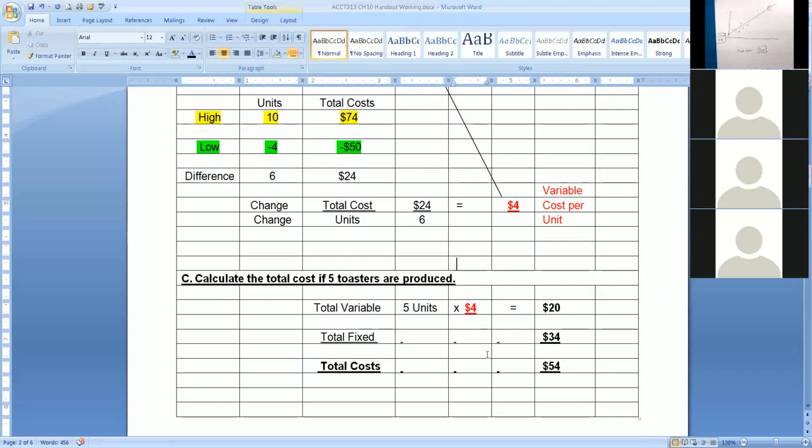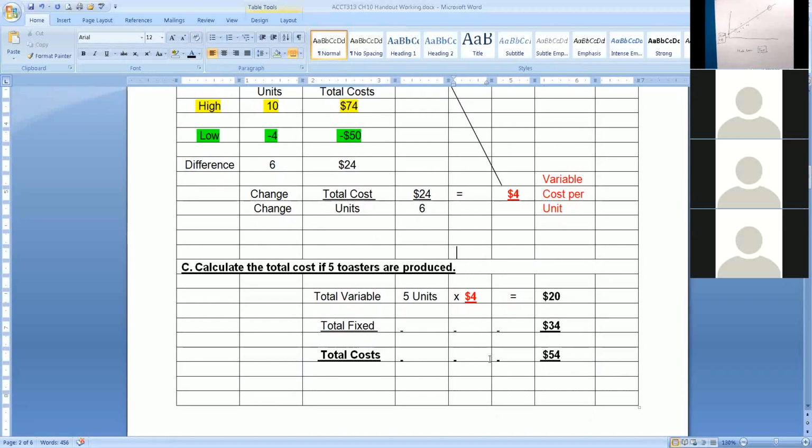Question on that? So this is just beginning the total cost. This is one of the ways you might use it to figure things out.